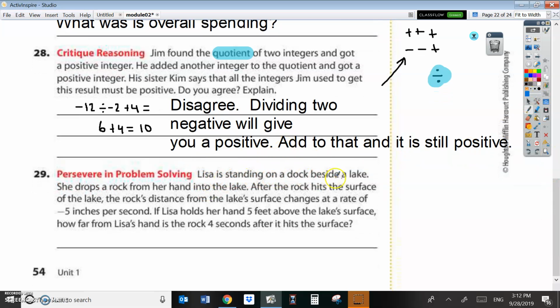Lisa is standing on a dock beside a lake. Let's draw a picture of that. So here we go. Here's our lake. And here's the dock. Make it black. And here's Lisa standing there. She's a little bit purple.